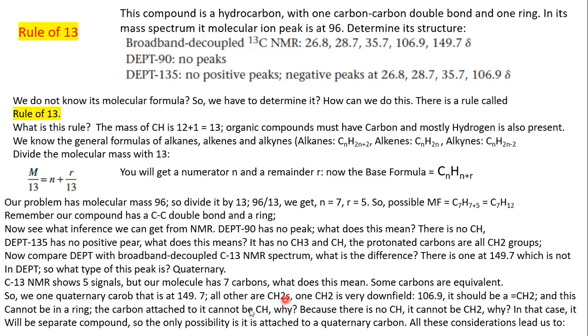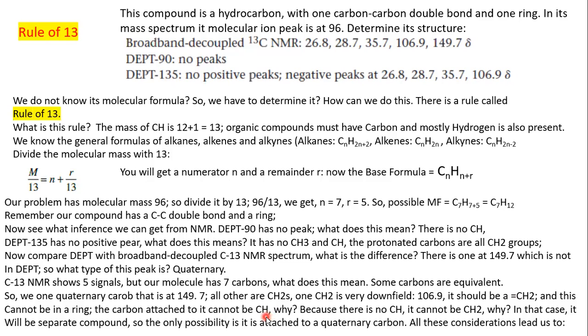So this cannot be in a ring. If there is a double bond in a ring, then the number of hydrogens that carbon can have at maximum is 1. The carbon attached to it cannot be CH.